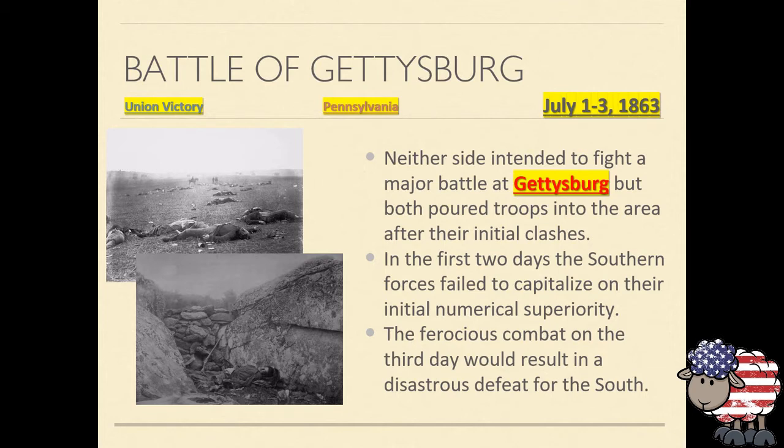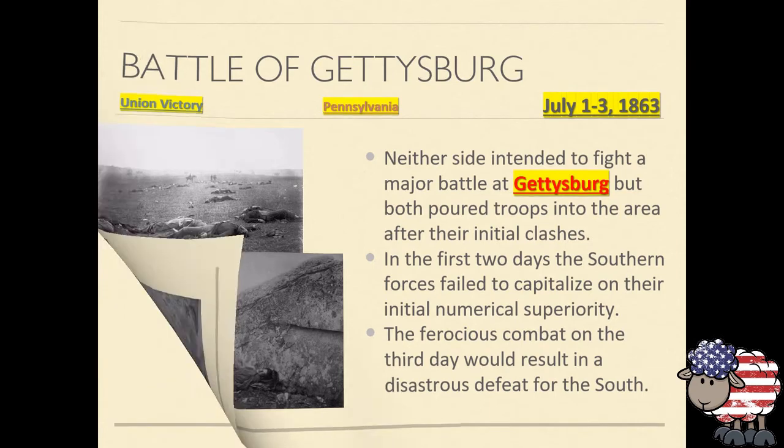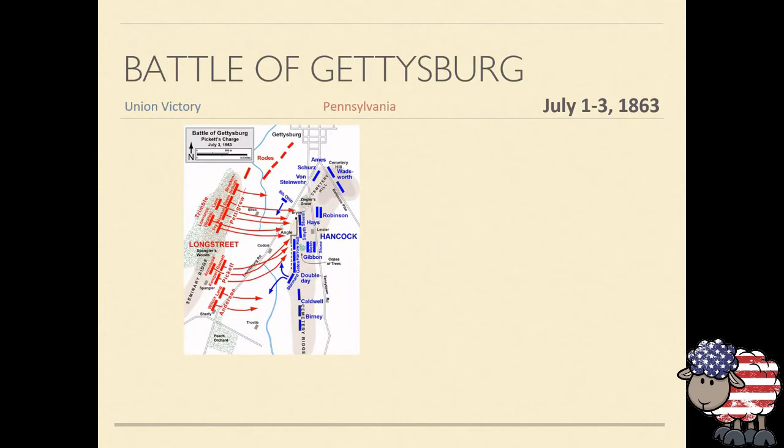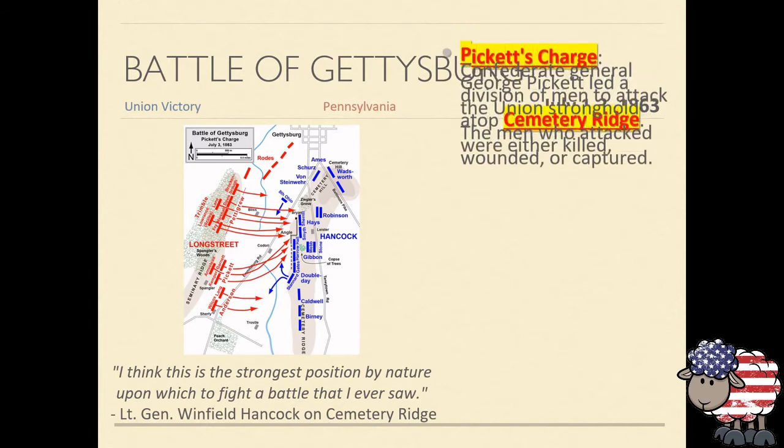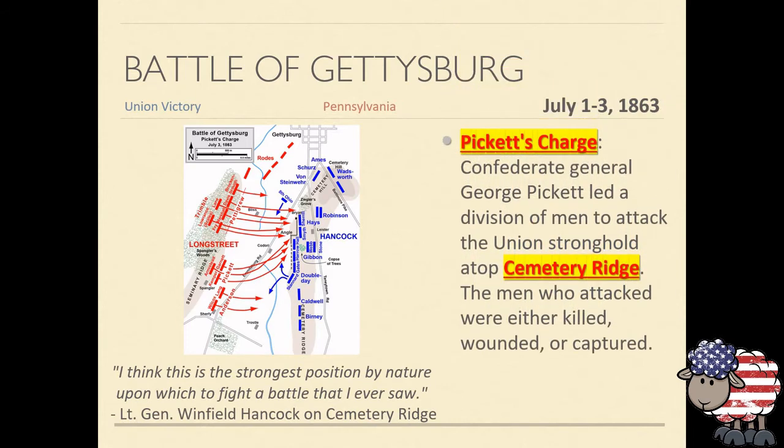Tactically, you end up with Pickett's charge, which is the high point. General Pickett tries to attack up Cemetery Ridge, which is at the top of a hill.